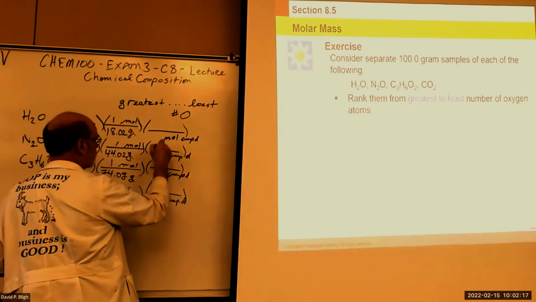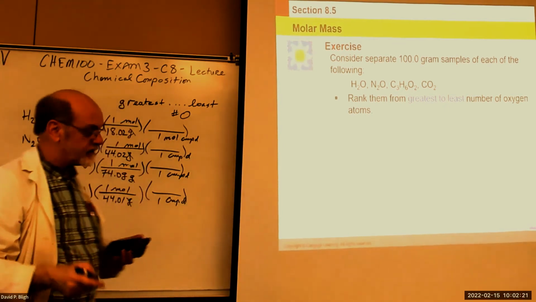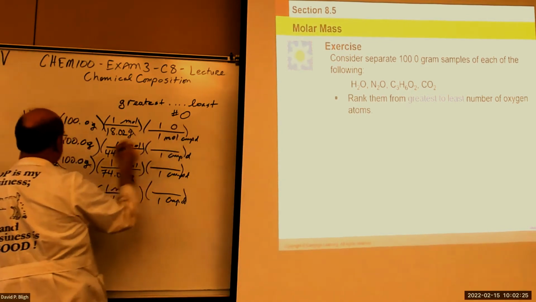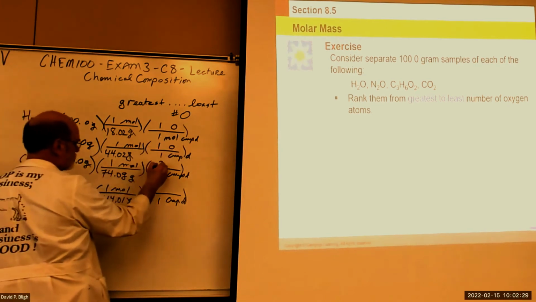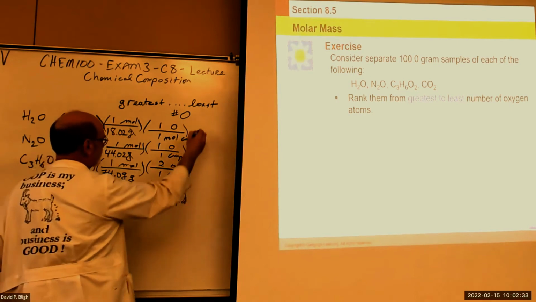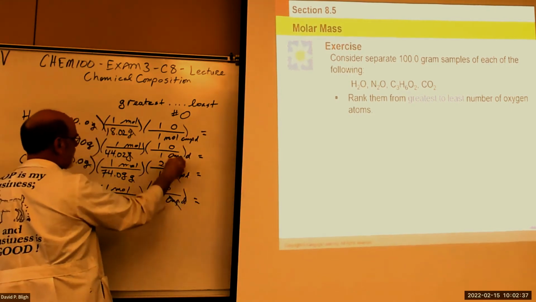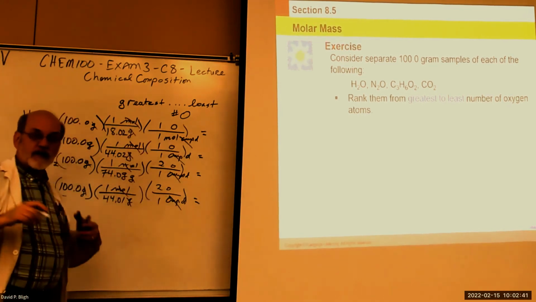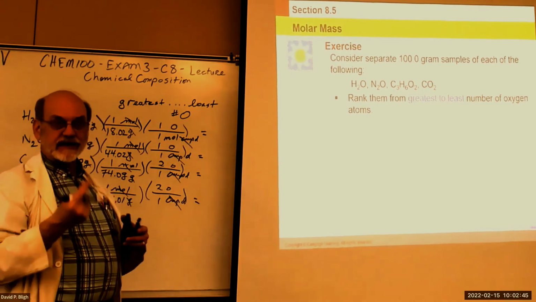For each mole of compound, how many moles of oxygen do we have? This one is 1 to 1. This one is 1. This one is 2. And this one is 2. Okay, these cancel. And that leaves us with moles of oxygen. Now we can rank them because moles is a number.